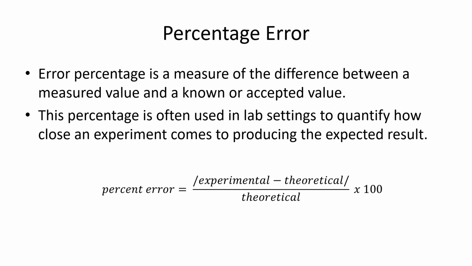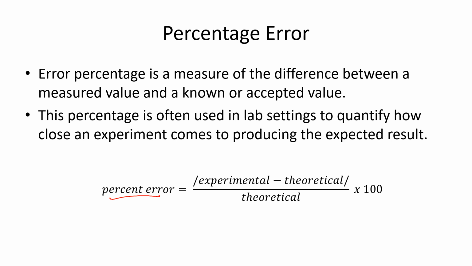Finally, whenever you set up an experiment, there will likely be some error associated with it, because it's very difficult to set up a perfect experiment, especially in high school. And so there's a way to express how close your experiment got to some theoretical or ideal value. So you might see this from time to time. And then in order to calculate how close you are, a percentage error can be worked out.